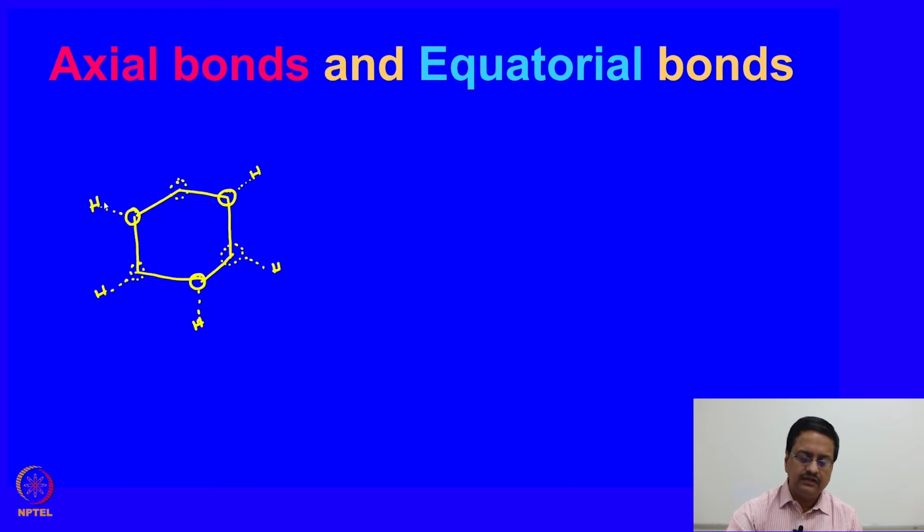But actually, when you see the conformation in 3 dimensions, when you draw the molecule in the chair form, I am trying to draw it in the chair form as well as possible.